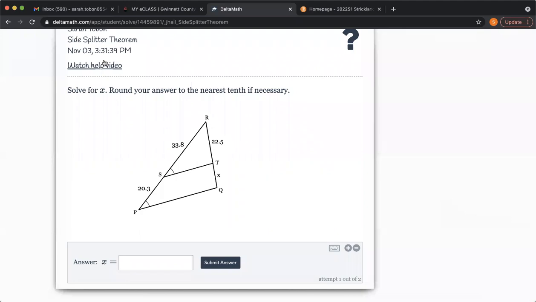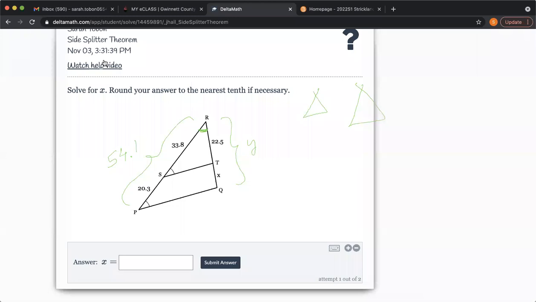Again, the total here is 54.1. The total here is, let's call it Y. Since one of the angles is equal right here, these are parallel lines, you know right away, and you also know the second angle is the same angle. So the little triangle versus the big triangle, they're similar, right?